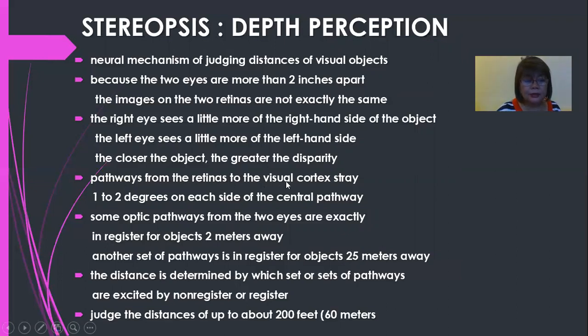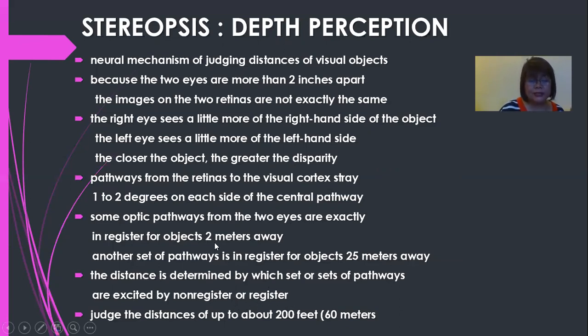Pathways from the retinas to the visual cortex stray 1 to 2 degrees on each side of the central pathway. Some optic pathways from the two eyes are exactly in register for objects 2 meters away. Another set of pathways is in register for objects 25 meters away. The distance is determined by which set of pathways are excited by non-register or register.